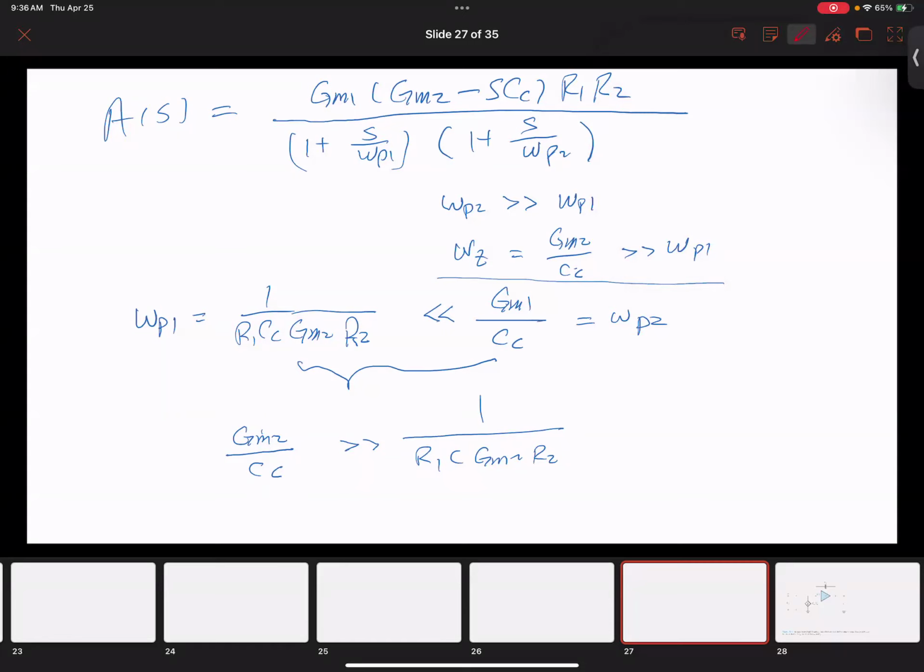The other thing that I just want to mention is that you remember in the previous lectures, we talked about the unit gain. I don't know if you still remember this unit gain stuff.